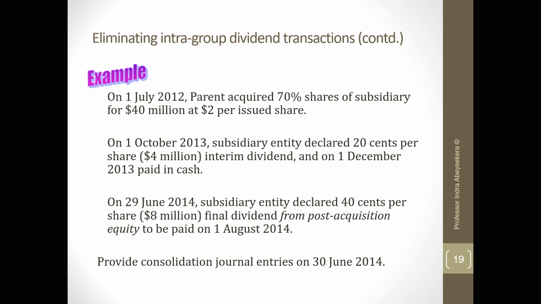And for the payables and receivables, debit dividend payable 5.6 and credit dividend receivable 5.6. Note that the remaining dividend, which is 30% of the dividend, will go to non-controlling shareholders, and those dividends will be dealt with separately.